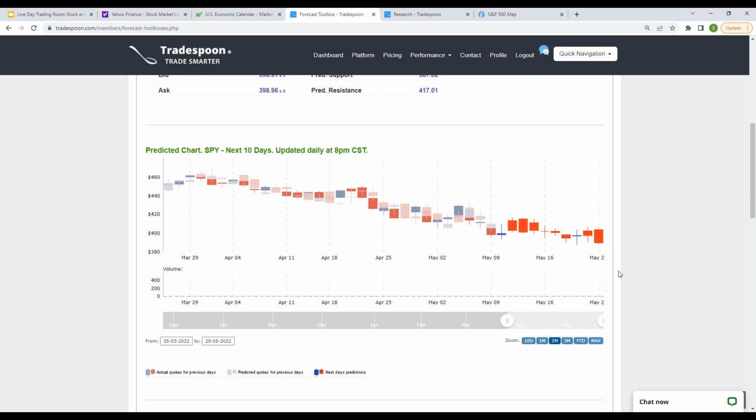I've got most of the conditions in place. The sideways is there.